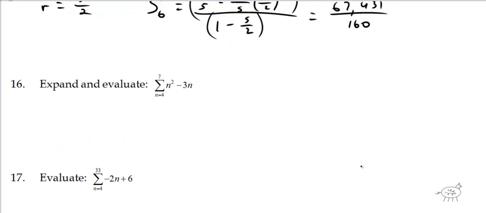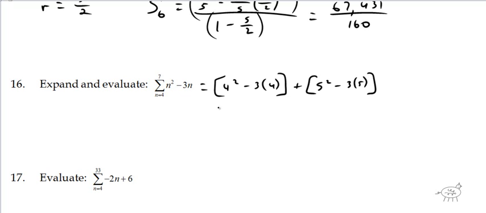So this one's expand and evaluate. So you have to expand it, and you just need to write out the terms by plugging a 4, 5, 6, and 7 in there. So if I do that, I get 4 squared minus 3 times 4 plus 5 squared minus 3 times 5 plus 6 squared, minus 3 times 6 plus 7 squared minus 3 times 7.